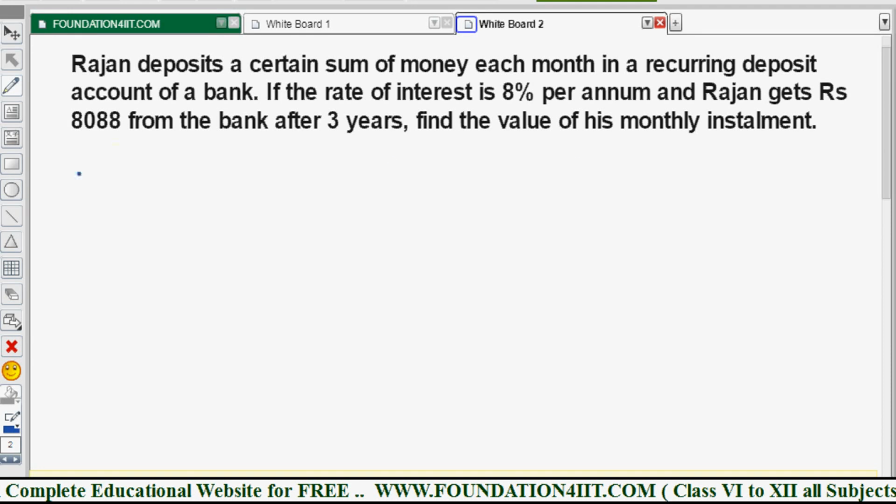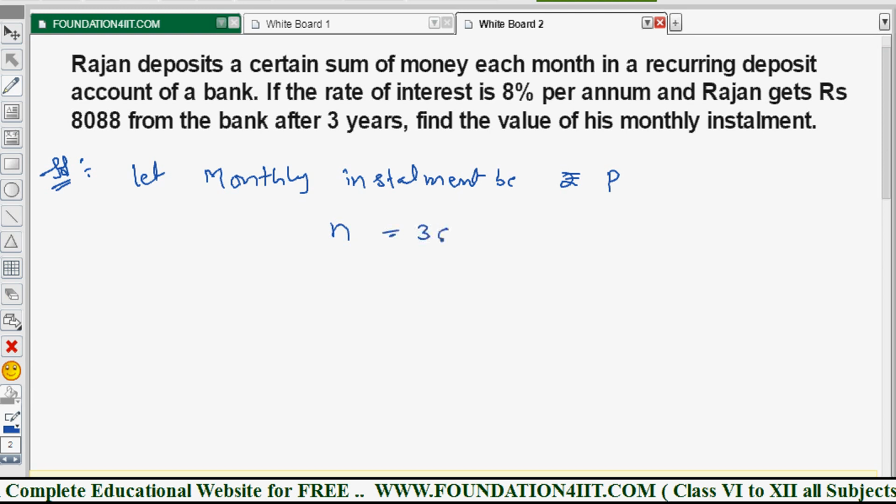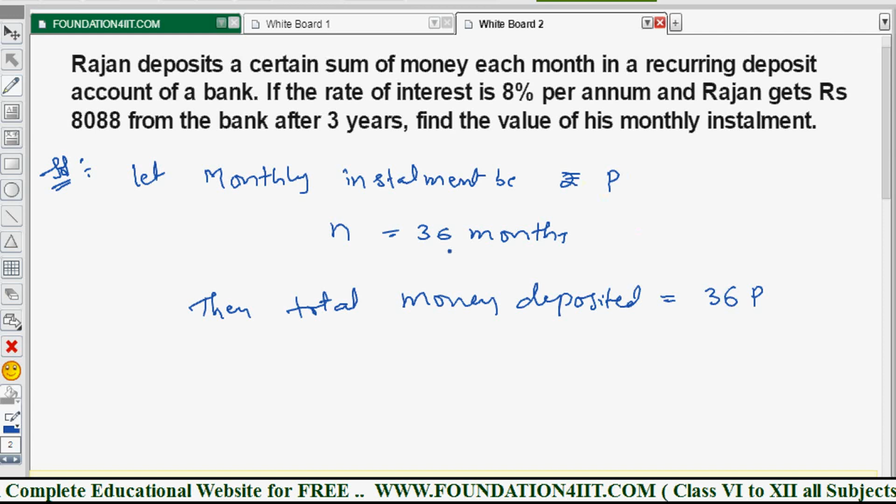Let the monthly installment be rupees P, and we solve the problem. The n value is 36 months. Every month rupees P is deposited, for 36 months. So the total money deposited is 36 into P. If P is 100 rupees, it means 36 into 100, 3600.